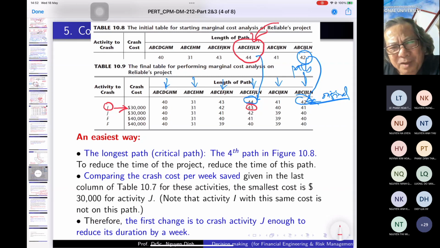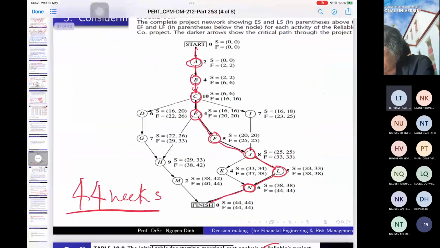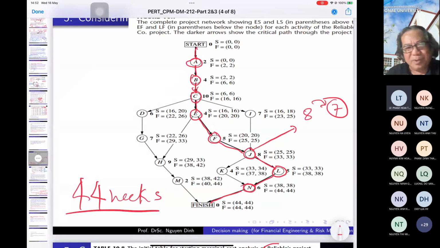Is that okay? 43 weeks. But look at the node J here: the node J is 8 weeks. Now you reduce 1 week, and then it becomes 7. Is that okay? It becomes 7.